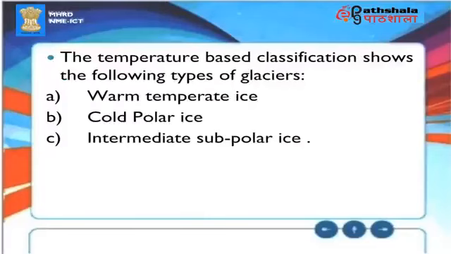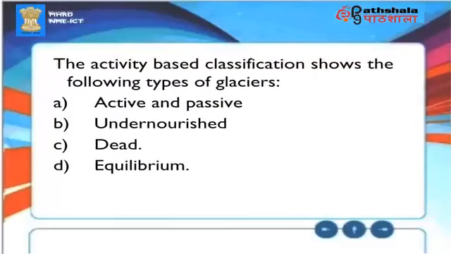The temperature-based classification shows the following types of glaciers: warm temperate ice, cold polar ice, intermediate subpolar ice. The activity-based classification shows the following types of glaciers: active and passive, undernourished, dead, equilibrium.